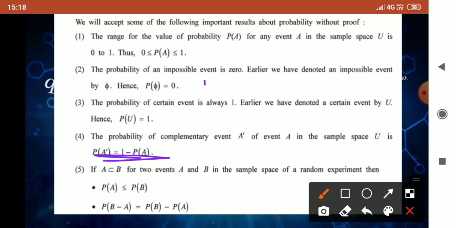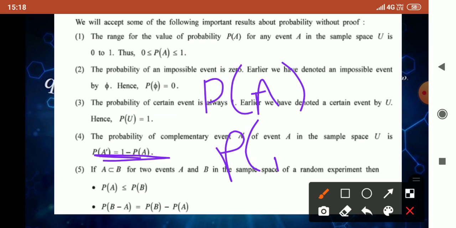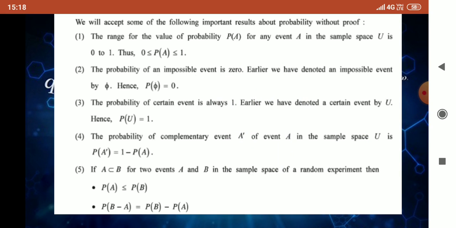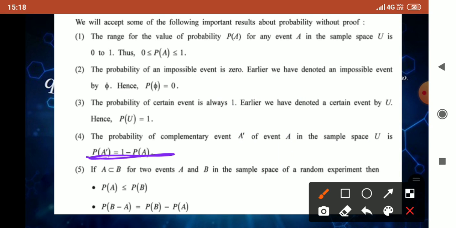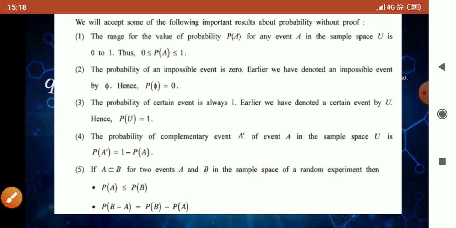So P of A dash will be 1 minus P of A. Here you can see P of A dash equals 1 minus P of A: from the total you have to subtract the probability of A, then you get the complementary P of A dash. Next, if A is a subset of B, then P of A is always less than or equal to P of B. So these all things you have to remember.